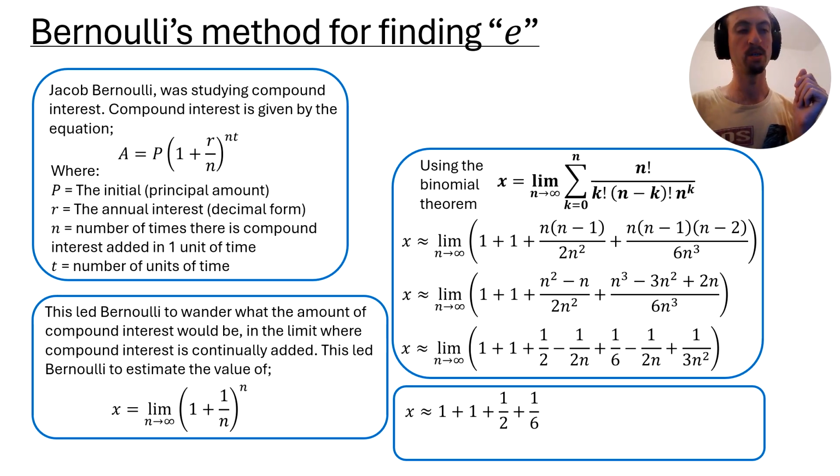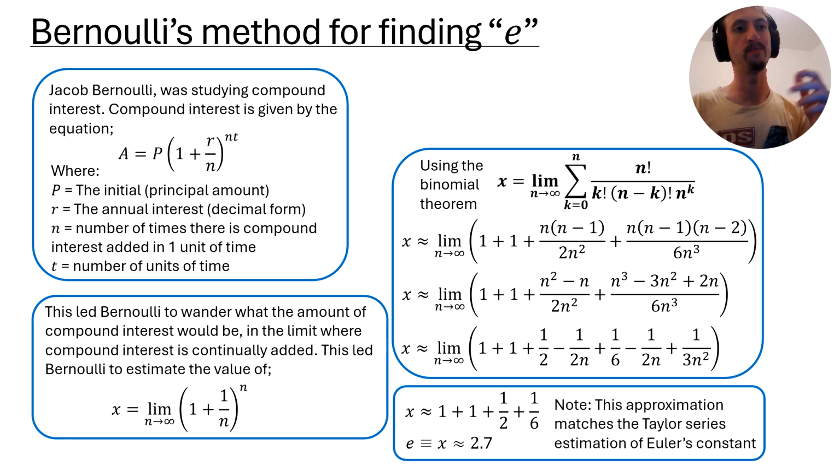And that's exactly the same terms we got before when we were trying to get an approximation for the Euler constant. So the Euler constant is going to be, like before, approximated to about 2.7.